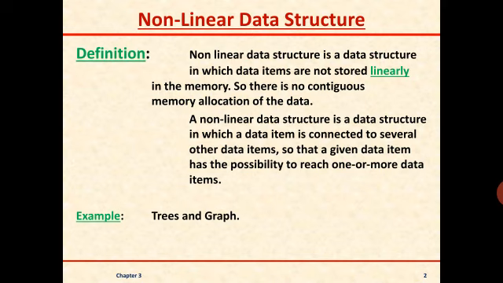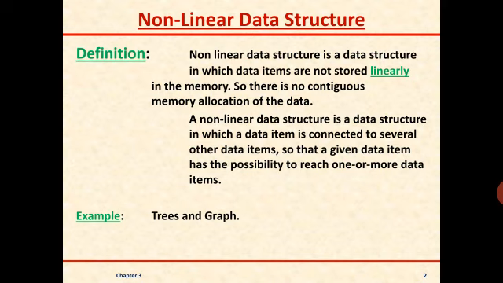Before going with the examples, let us understand the pros and cons of non-linear data structures. A non-linear data structure uses memory efficiently because continuous memory is not required for allocating the data items. This is one advantage. Second, the length of a data item is not known prior to the allocation.